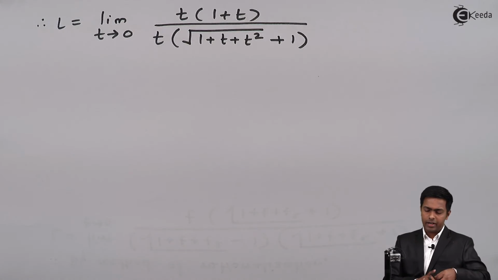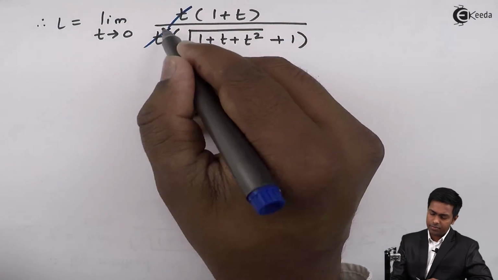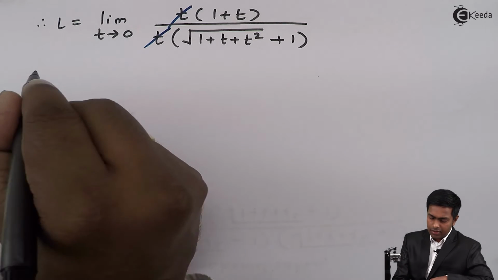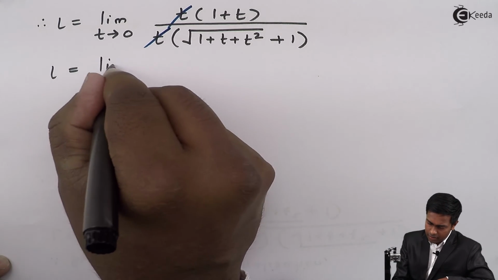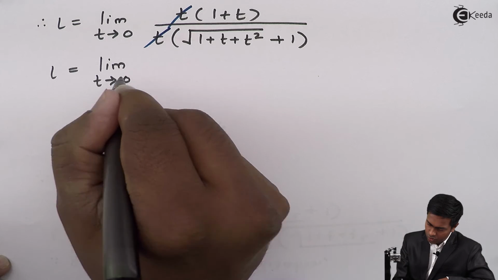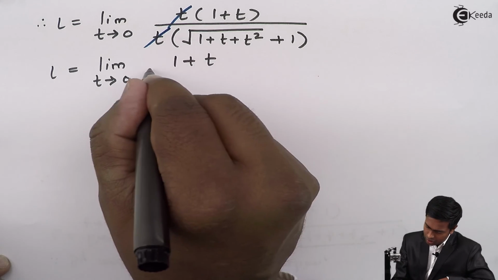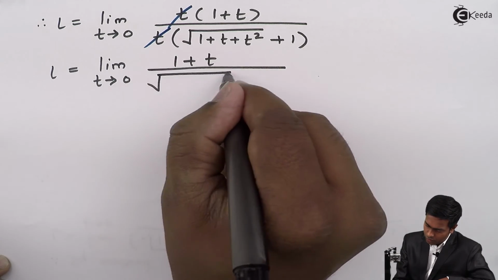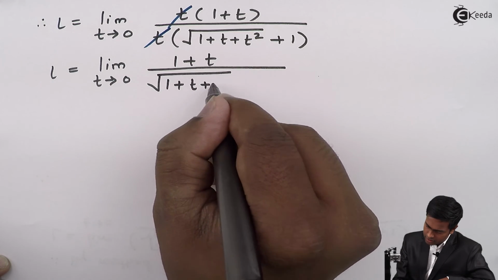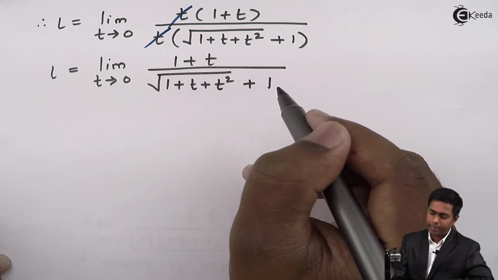Now from numerator and denominator we cancel this t, and the remaining terms are limit t tends to 0 of 1 plus t upon square root of 1 plus t plus t square plus 1.